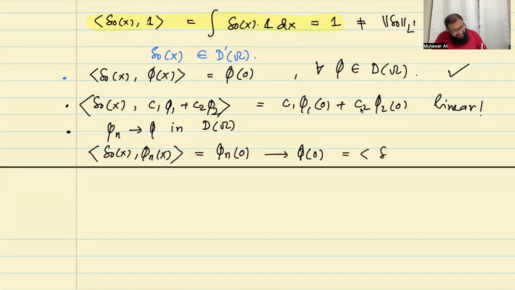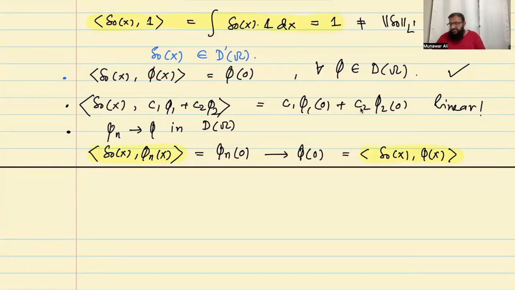And this is simply delta naught operated on phi of x. So now I showed that delta naught operated on phi n converges to delta naught operated on phi. This is how I define convergence in this space of distributions. This is called weak convergence. We have done these results in the very first and second lecture: the strong convergence, the weak convergence, and weak star convergence.